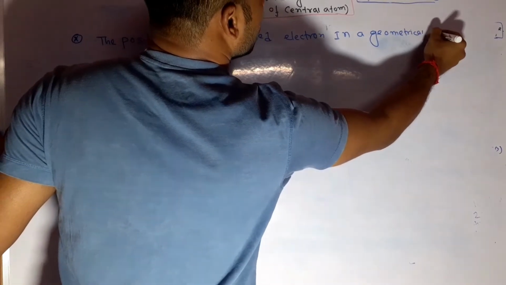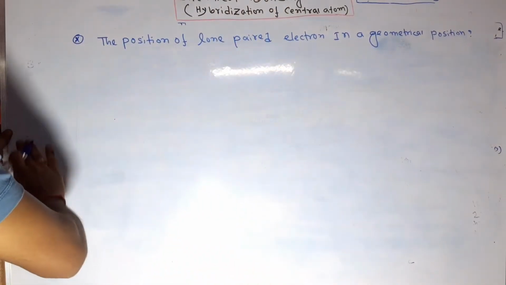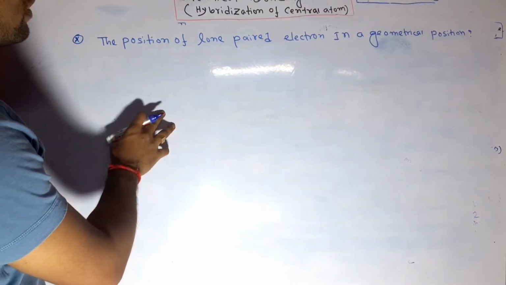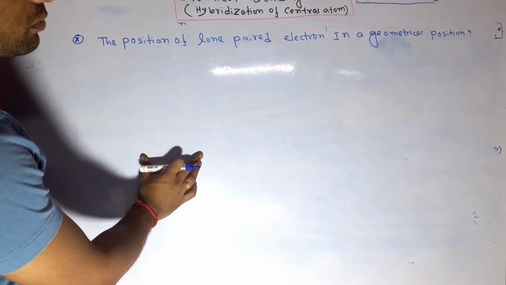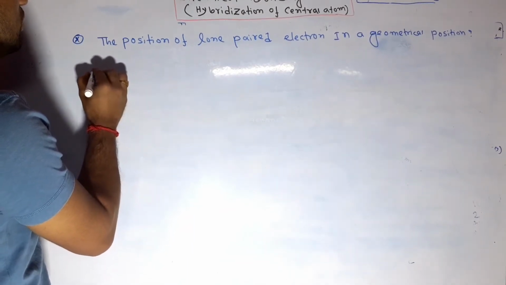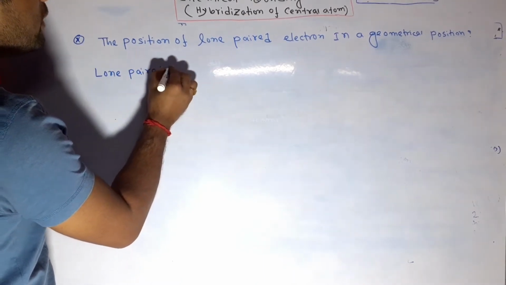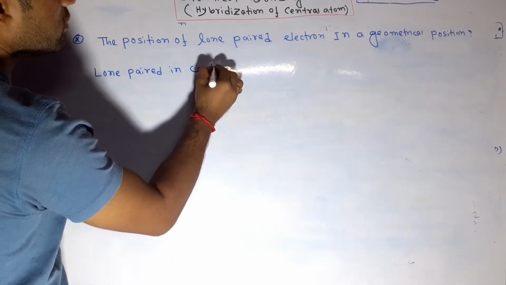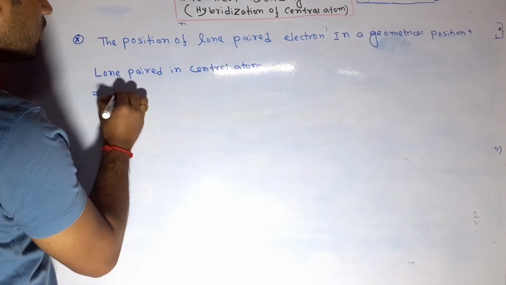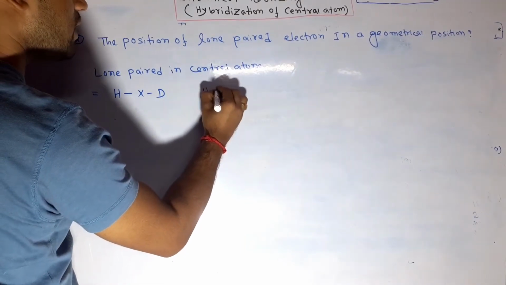If the central atom has lone pair electrons, which position, equatorial or axial, can the lone pair occupy? What is the method of lone pair electron determination in the central atom? The procedure is: lone pair on the central atom is equal to H minus X minus D. What is H? H is the hybridization number.